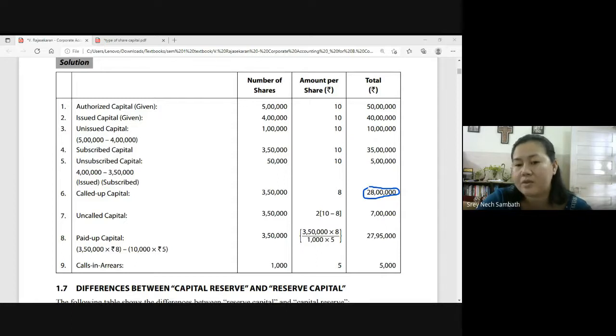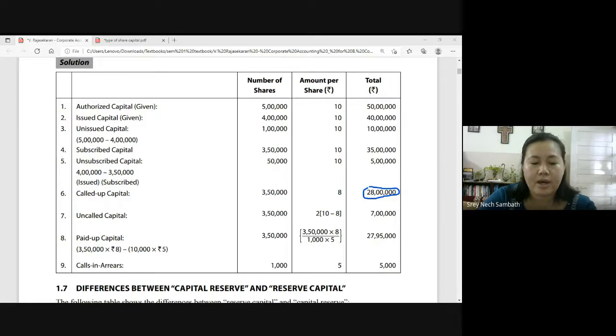So that is 5,000. So if you add these two together, if you remember the equation of the call up capital, here 28 lakhs, it equals paid up capital plus arrear, right?